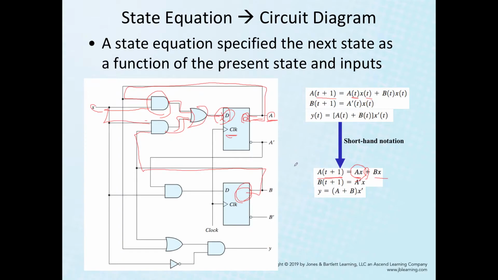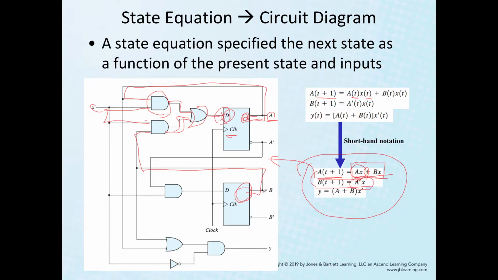In actual design, we will derive state equations for the flip-flop inputs, and then we are going to draw the circuit diagram. The reverse operation is also straightforward. By looking at the equations, since we have two flip-flop equations, we will have two flip-flops, and whatever is given should be applied on the input of the flip-flop.